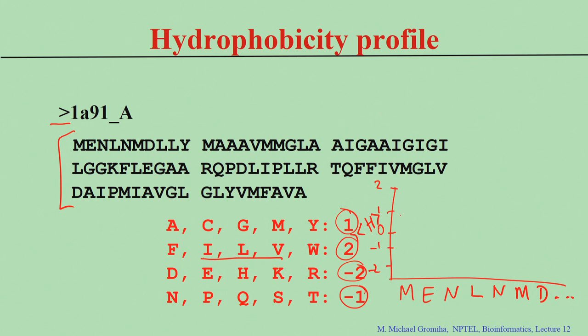So, M equals 1, so you plot it here. Then the second one is E. What is the value of E? Minus 2 here, and N minus 1, L plus 2, N minus 1, M plus 1, D minus 2, and so on.